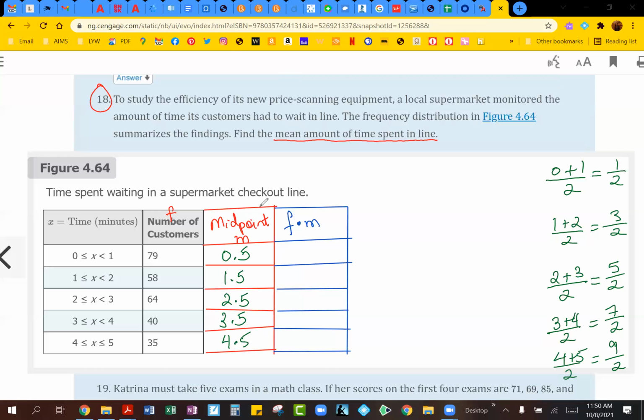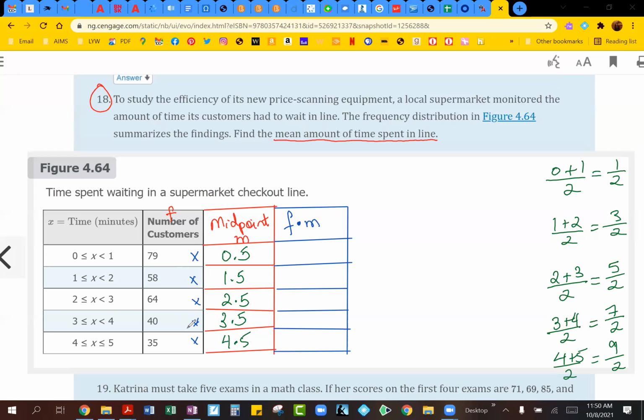So start by finding your midpoint. Now, where they're telling you number of customers, that's basically your frequency column. So for the next step, you are multiplying the frequency with the midpoint. So basically, these two columns, you are now going to multiply them.